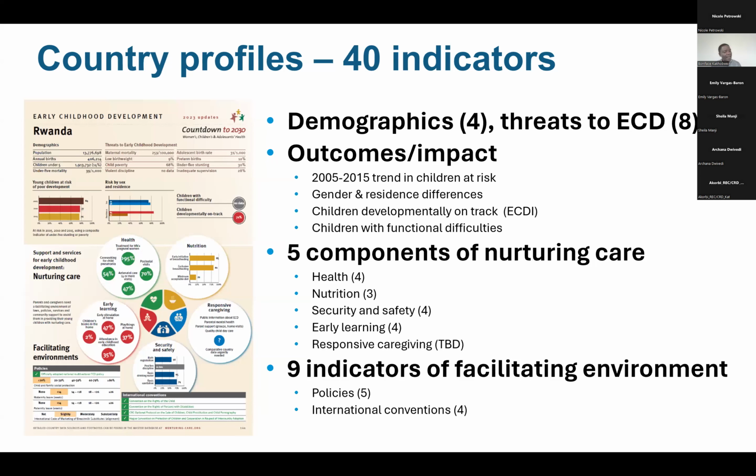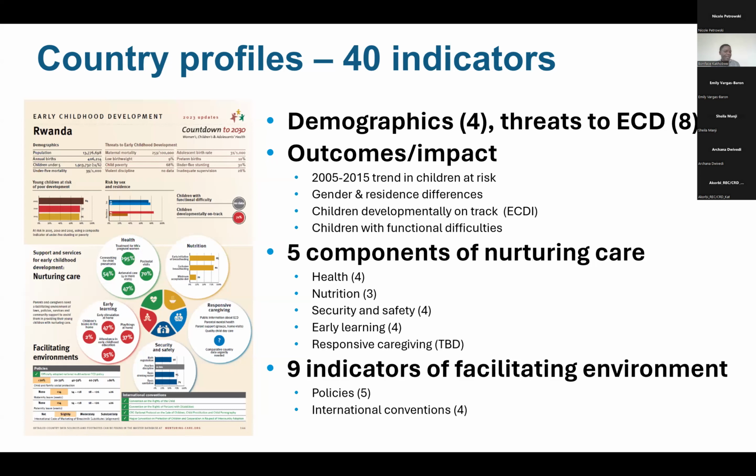There's the 2005 to 2015 trend in children at risk, the gender and race-based differences, the children developmentally on track. So in the profiles, you can actually check to say, in my country, what's the proportion of children who are developmentally on track, the ECDI, you can also check there, and children with functional difficulties. So outcome level, that's what we are tracking at this stage.